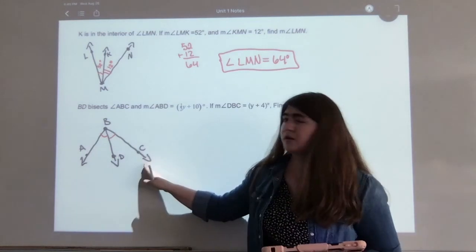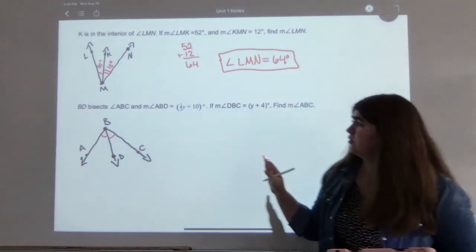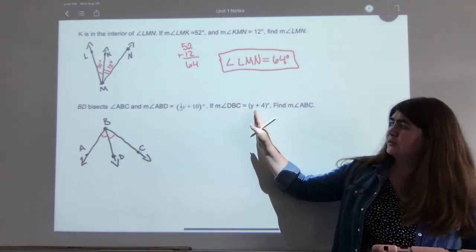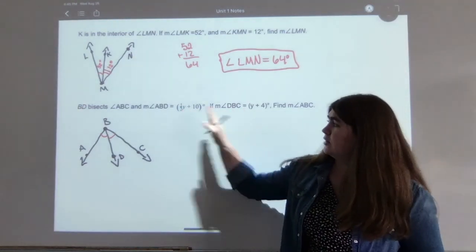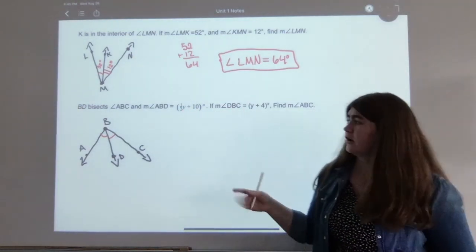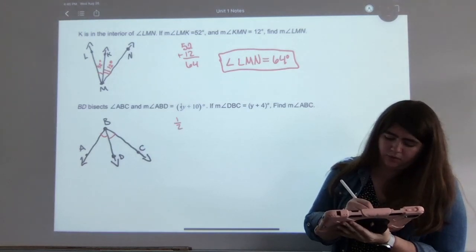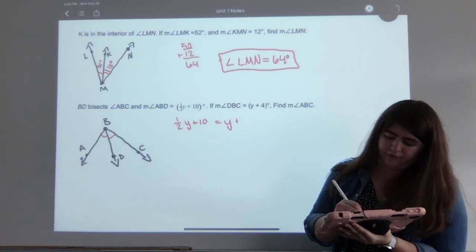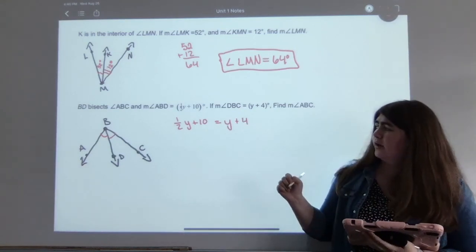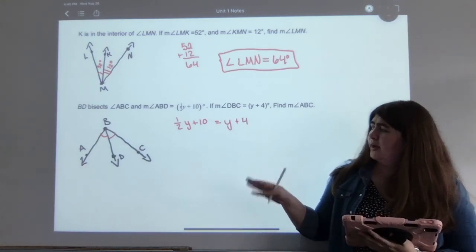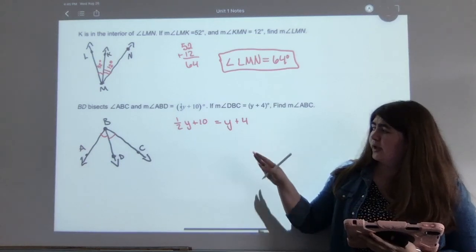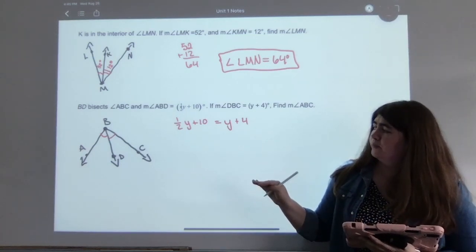Because these two angles are congruent, then to solve for my y, I have to set these two angles equal to each other because they are congruent. So I have 1/2 y plus 10 is equal to y plus 4. I'm going to combine my like terms by moving my terms around.